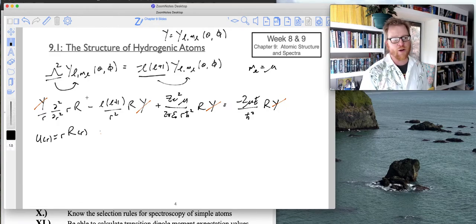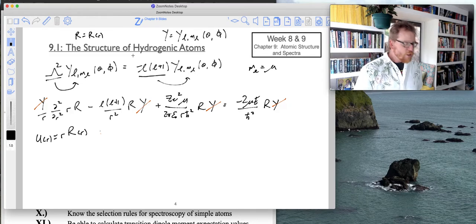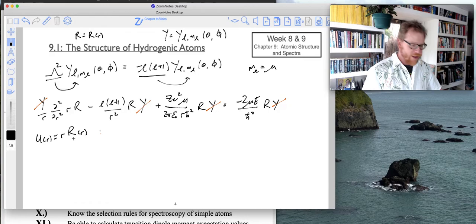I'll just remind you of my nomenclature up here: where I've written capital R, that's really my radial component of the wave function. This is a standard manipulation in quantum mechanics, and the reason is that it makes our life a little bit easier, as we shall see.